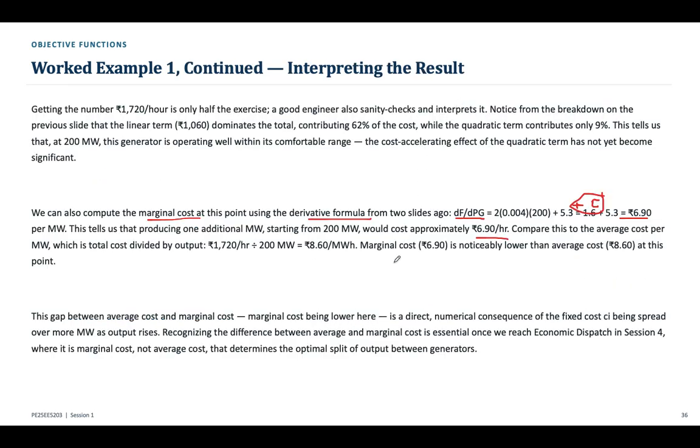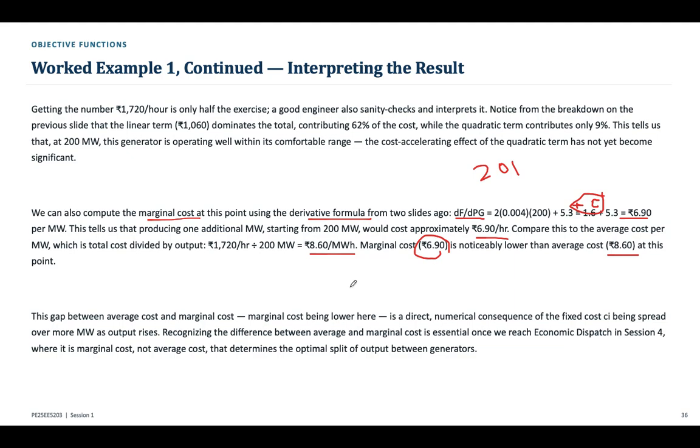When you compute this, it costs you approximately 8 rupees 60 paise. So you have a marginal cost of 6 rupees 90 paise for the next megawatt beyond the first 200. This is noticeably lower than the average cost of 8.60 at this point, isn't it?